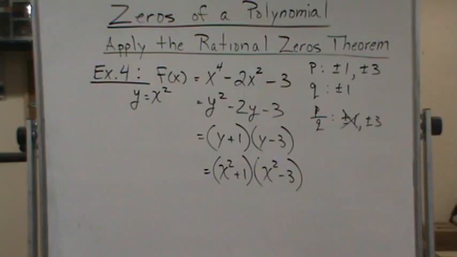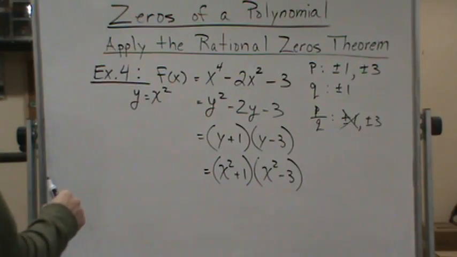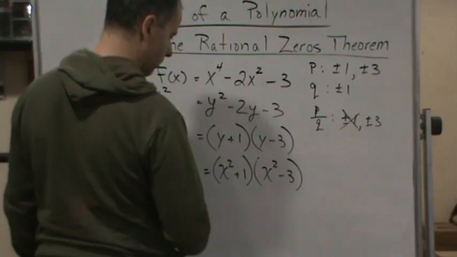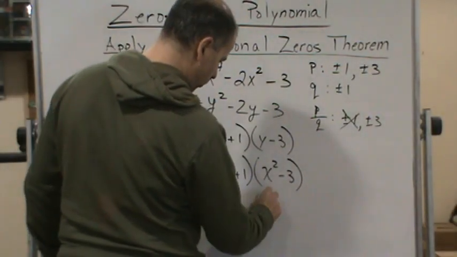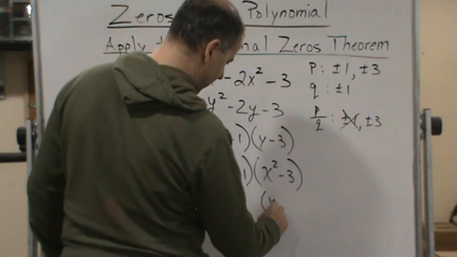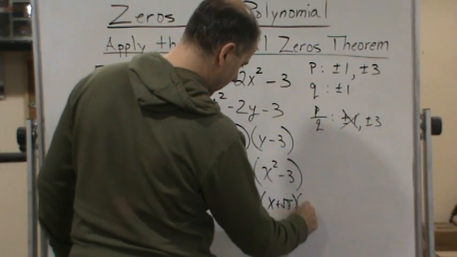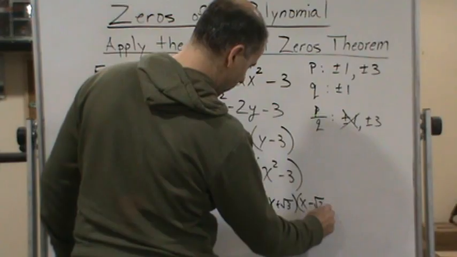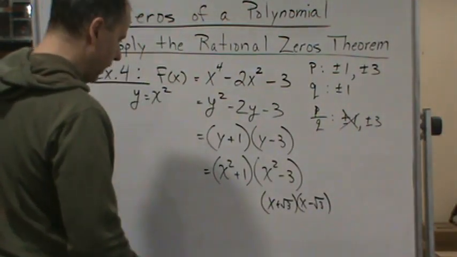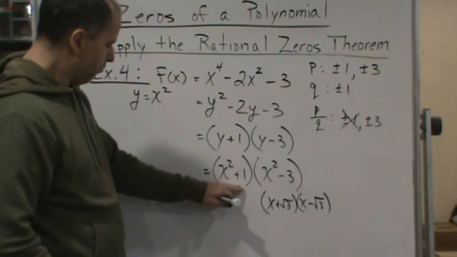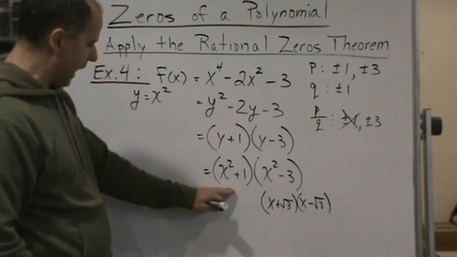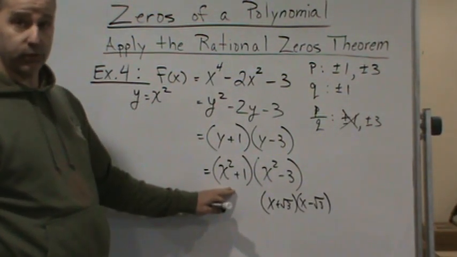And the other one is the difference of two squares. Okay, so this will factor into x plus the square root of 3 and x minus the square root of 3. This one is the sum of two squares, which actually will have imaginary roots.